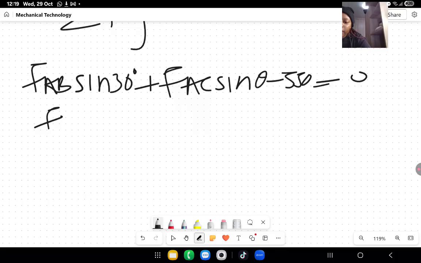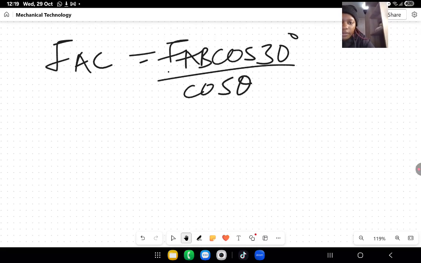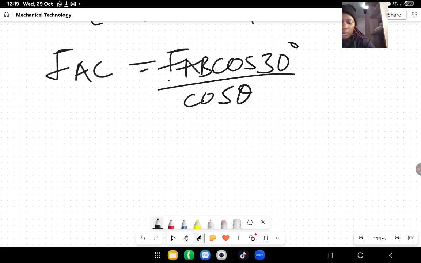So FAB sine 30 degrees plus, since we found our FAC here, we substitute this where we see FAC. So it is FAB cos 30 over cos theta.